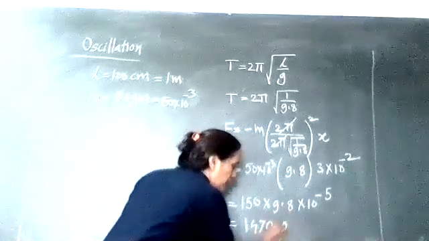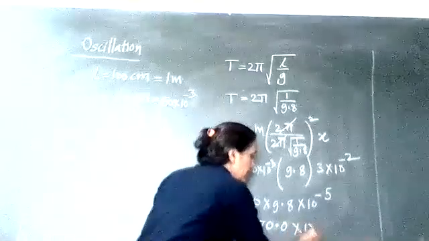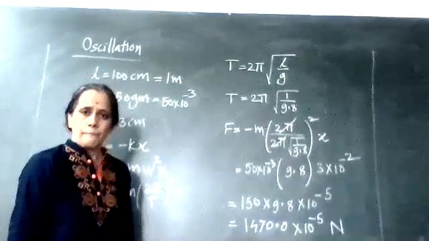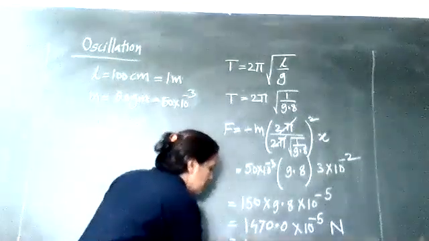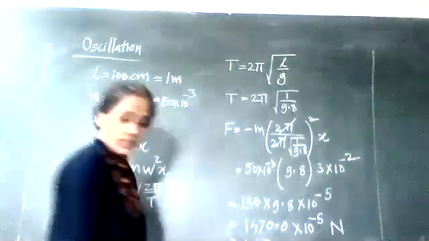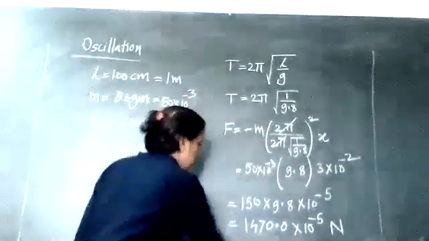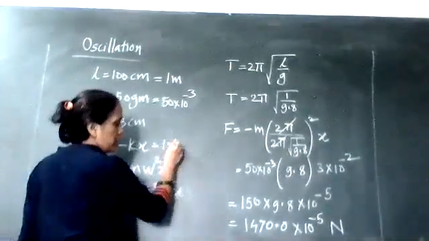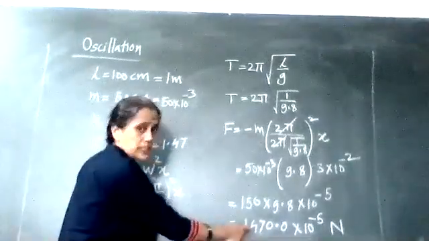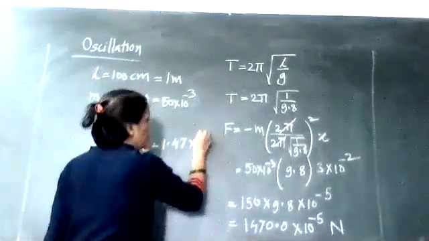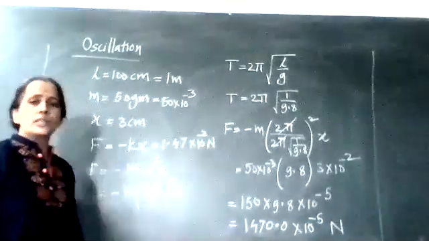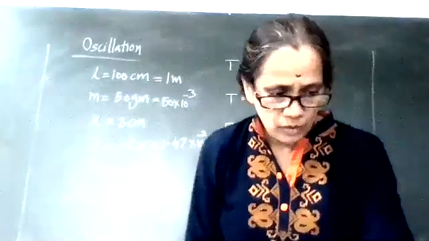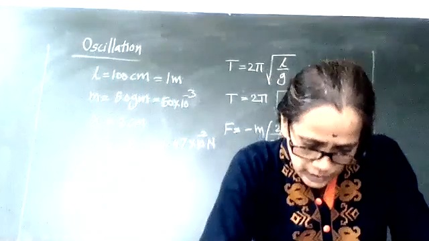And with this decimal point, one decimal place, into 10 raised to minus 5 gives 10 raised to minus 4. Got it? Or I can say that it is equal to 1.47. The force value is 1.47. So the decimal point is shifted by 3 digits, into 10 raised to minus 2. So this will be the answer of your restoring force. So this is your restoring force value.